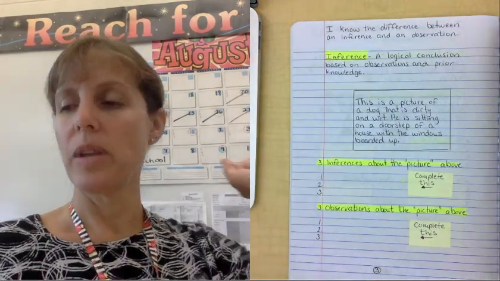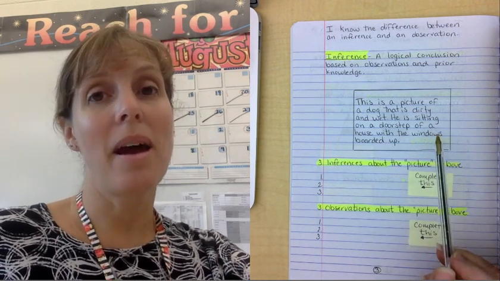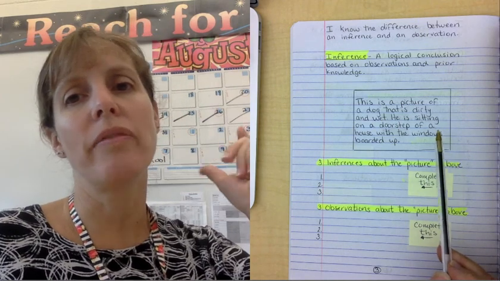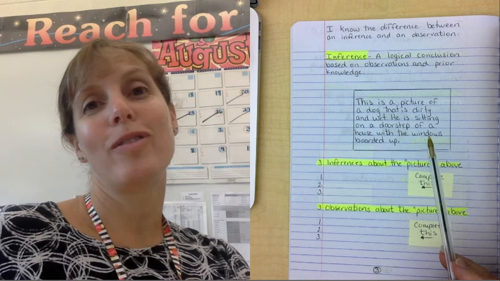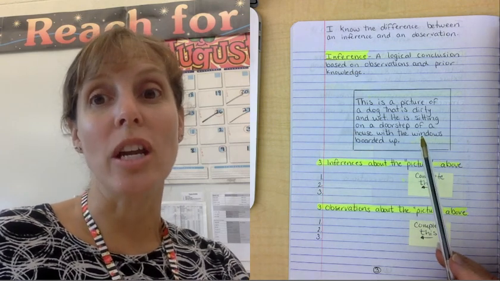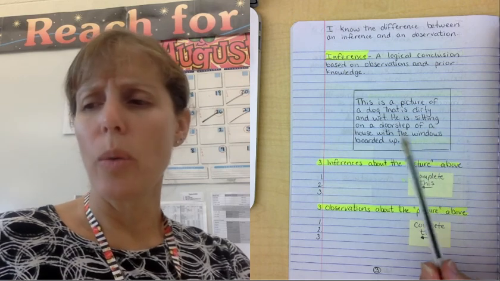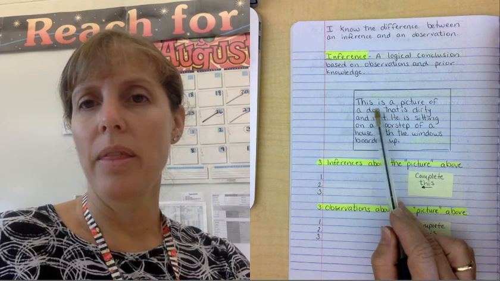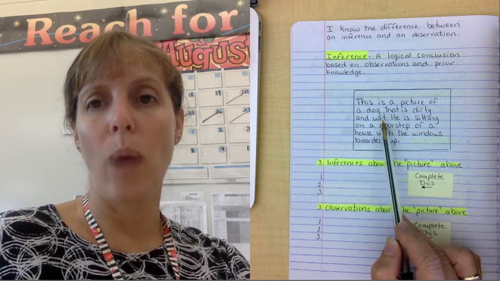All right. So I'm not an amazing artist. You might be a great artist, but I'm not amazing. And so instead of actually drawing a picture and making us all feel uncomfortable about what kind of amazing artists we are, I am going to ask you to either use your imagination or you can draw this in here and make sure that you have it. So what I'm going to tell you is that this square right here is a picture of a dog that is dirty and wet.